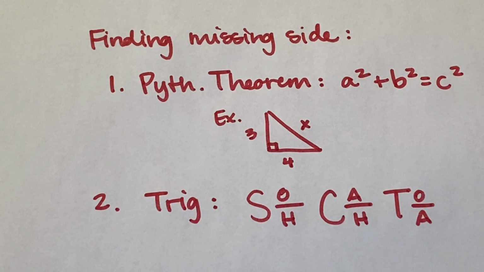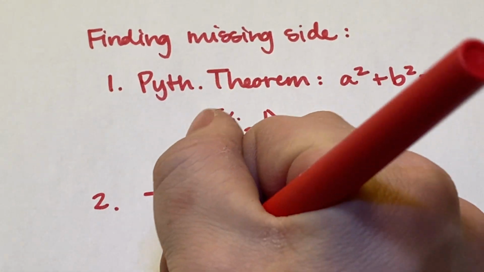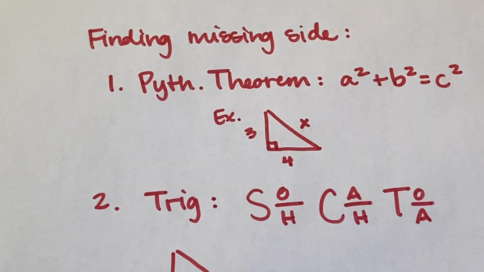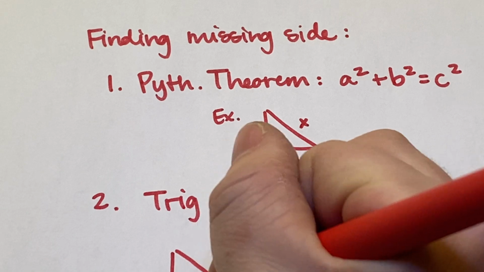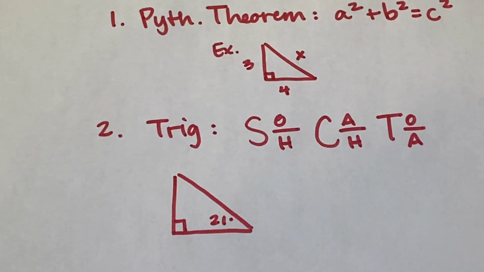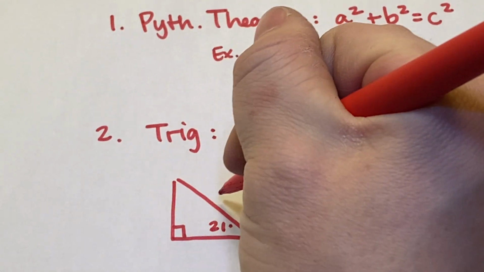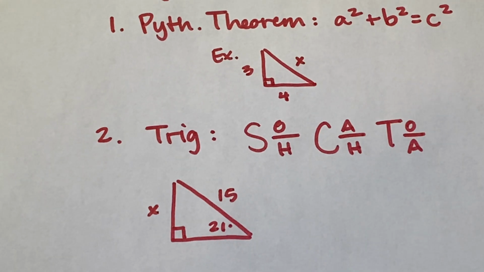This is what we're talking about when we're talking about trig: sine, cosine, and tangent. We have to use trig when it gives us, so now draw yourself a little example again, a degree and a side. So let's say this is like 21 degrees, whatever degrees you want to make it. It gives you a side and then you're trying to find a missing side.